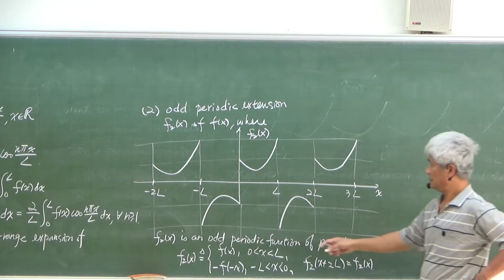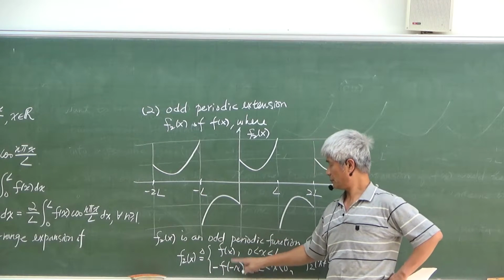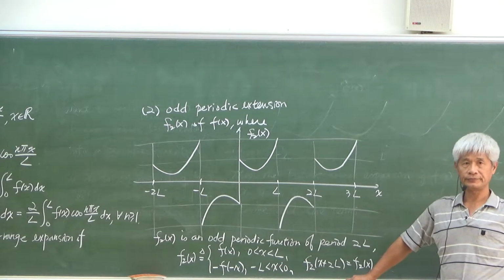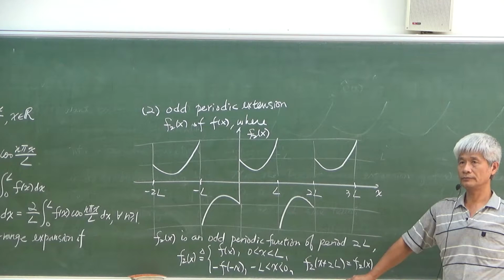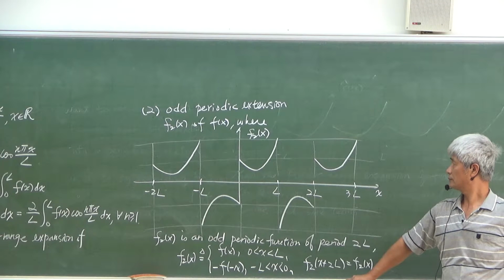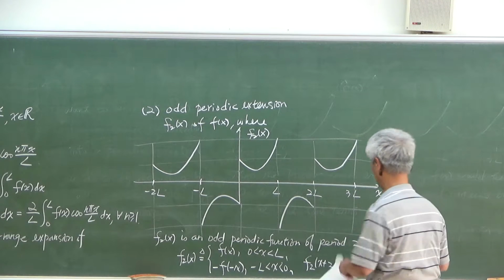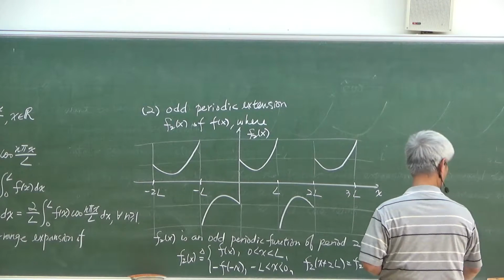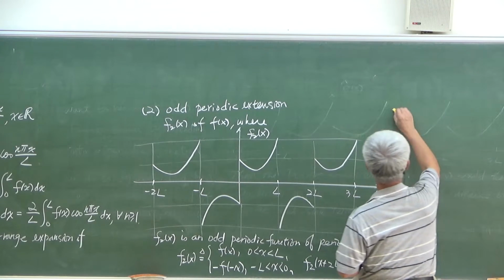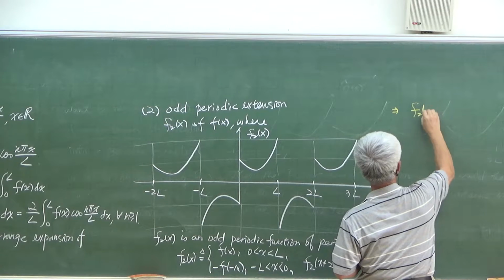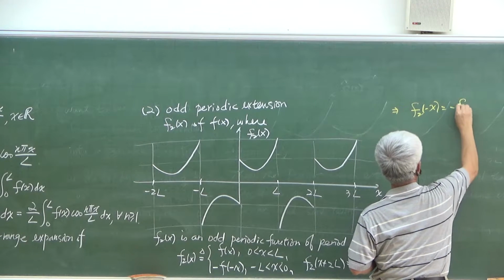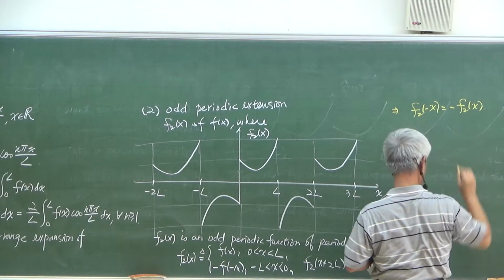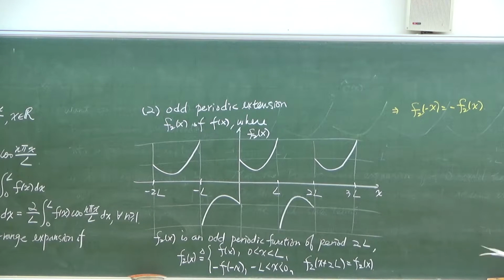So we define f2(x) to be like this one. So f2(x) is an odd function.